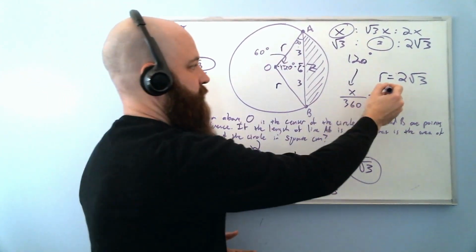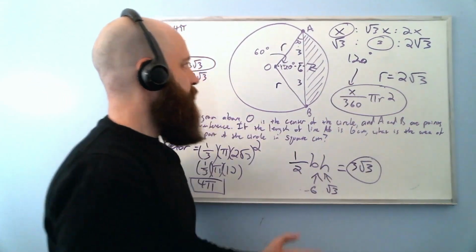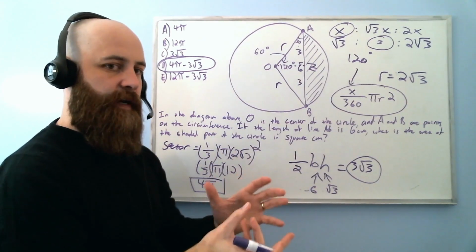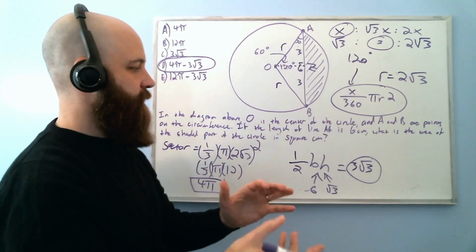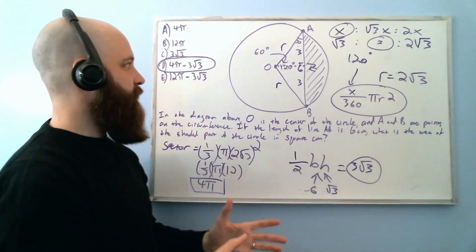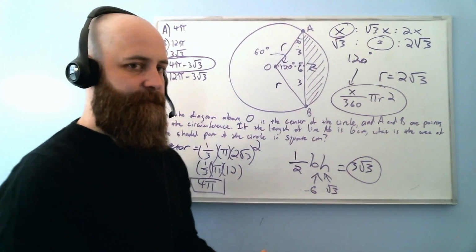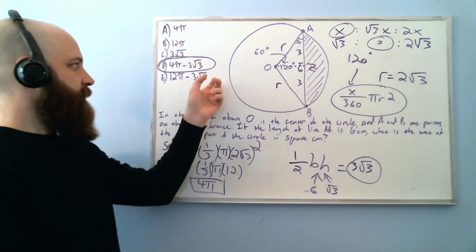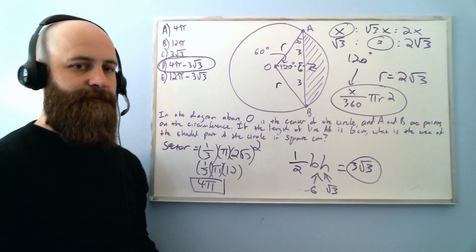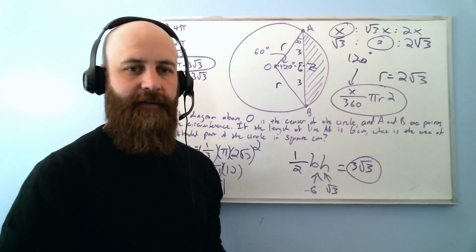So I've got a formula for the area of the sector. I can break down this triangle into 30, 60, 90s, use my formula for the area of a triangle, put that all together, careful with my arithmetic, and that leads us to the correct answer of D. Okay, great. Let's take a look at the next question.